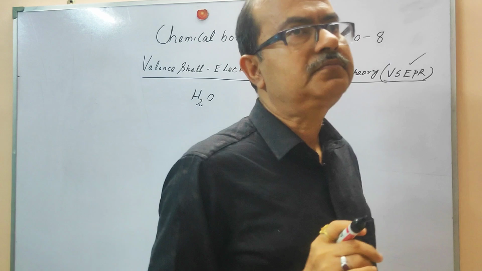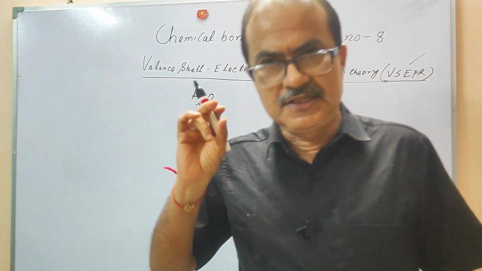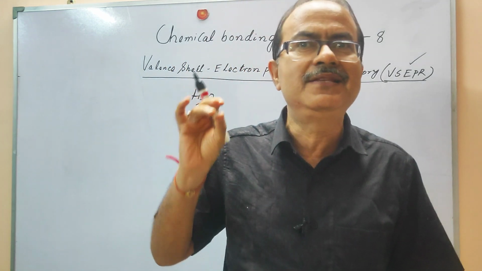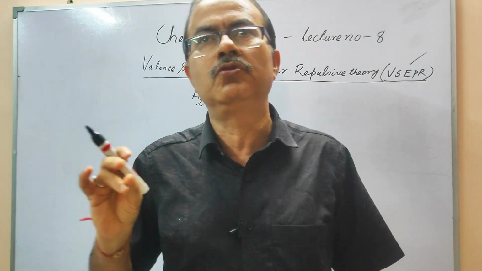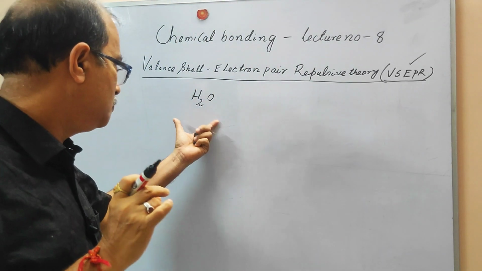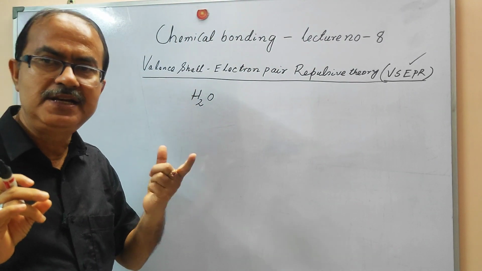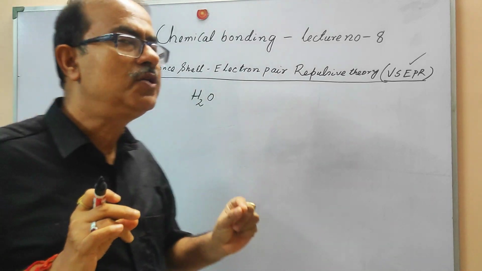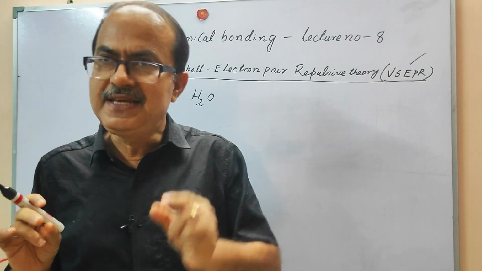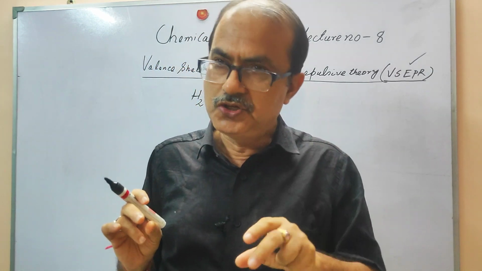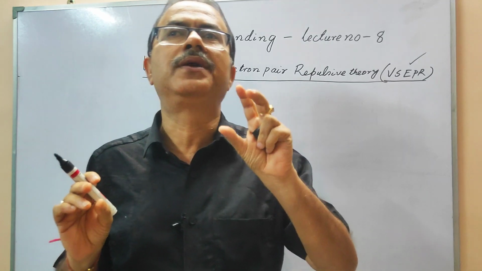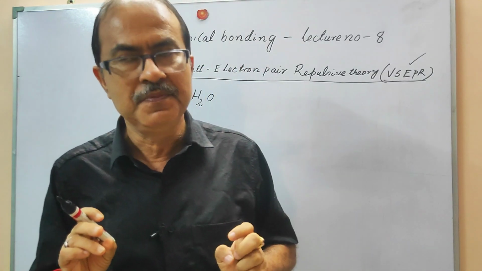For that, this theory says the shape of the molecule depends on the number of valence shell electron pairs of the oxygen atom, which is the central atom in this molecule. As per this theory, it is the central atom which impacts the shape, or geometry, of the molecule.